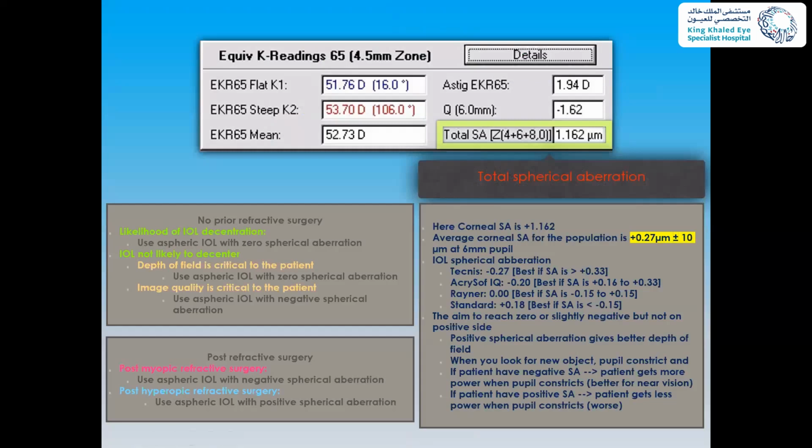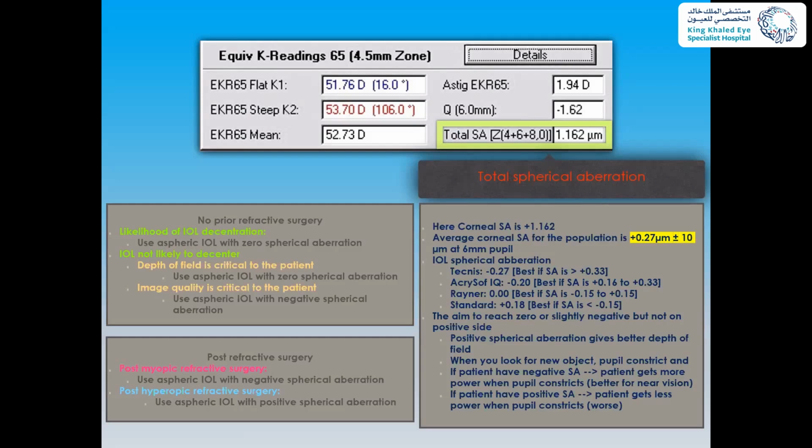Also on the EKR report, there is a spherical aberration tab, which tells you how much spherical aberration there is. And this can help you decide what lens to use. A normal corneal spherical aberration is about 0.27. This is totally different from asphericity. Asphericity is the shape of the cornea, and spherical aberration is how much the rays are refracted in the periphery compared to the center.